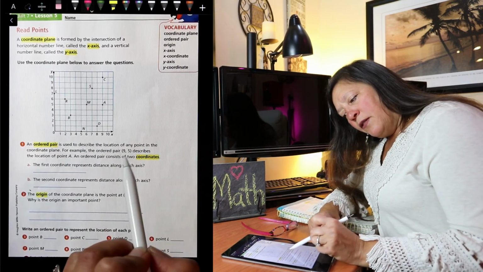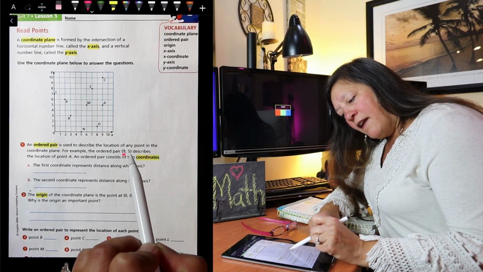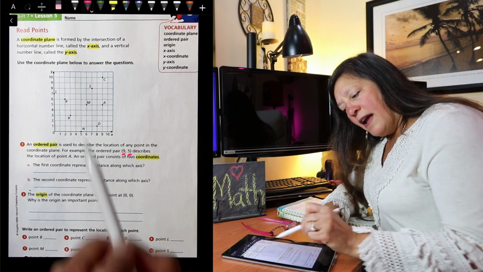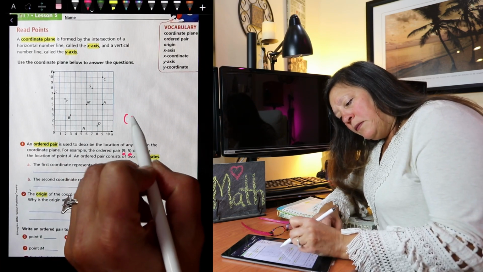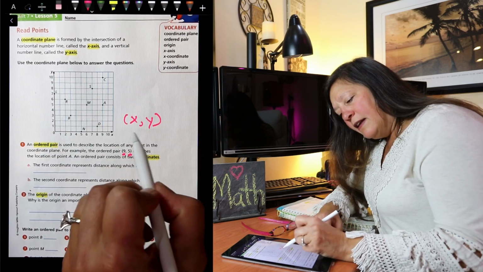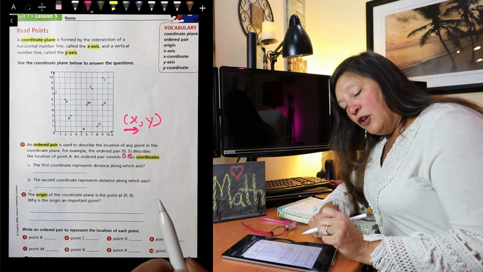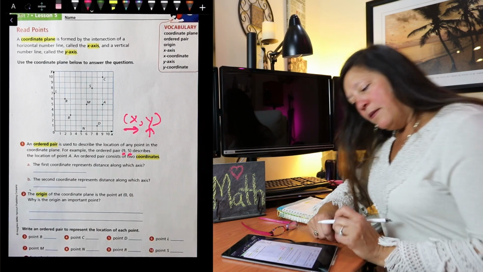Okay? The 9 is going to go along the x-axis, and then the 5 goes along the y-axis. So always remember x, y: x is first, y is second. With x, you're going to be moving over, and with y, you're going to be moving up.